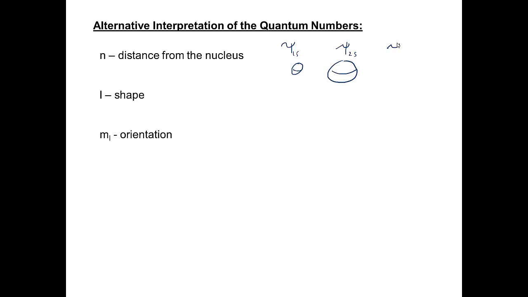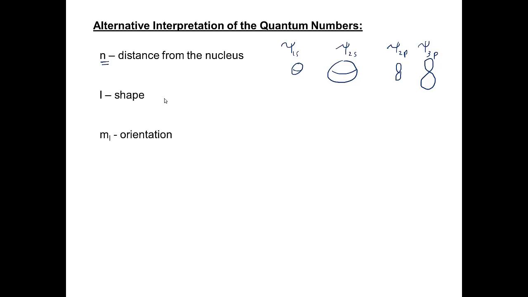Similarly, a 2p orbital would be this sort of small balloon shape, whereas a 3p orbital, you guessed it, would just be bigger balloons. So the chances that you can get further away from the nucleus increase. So n always tells you something about average distance from the nucleus. The bigger n is, the further that hydrogen atom electron is away from the nucleus.